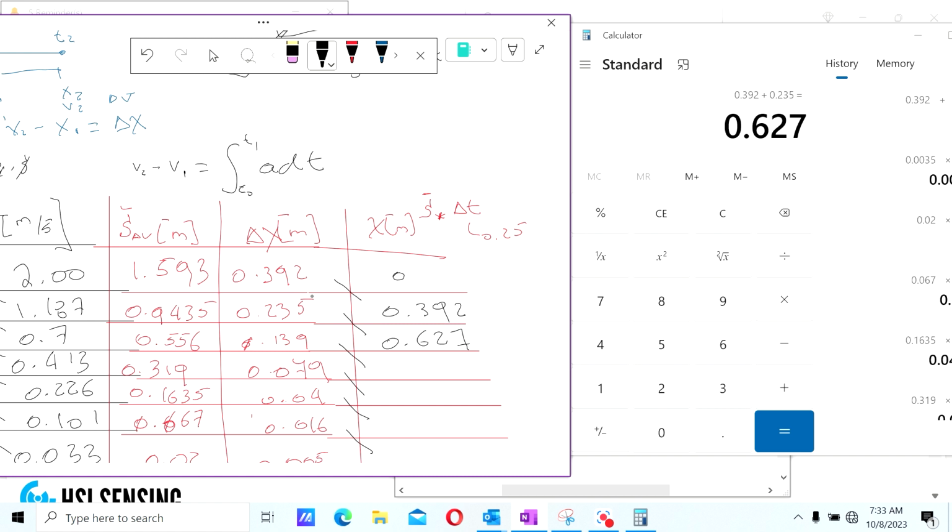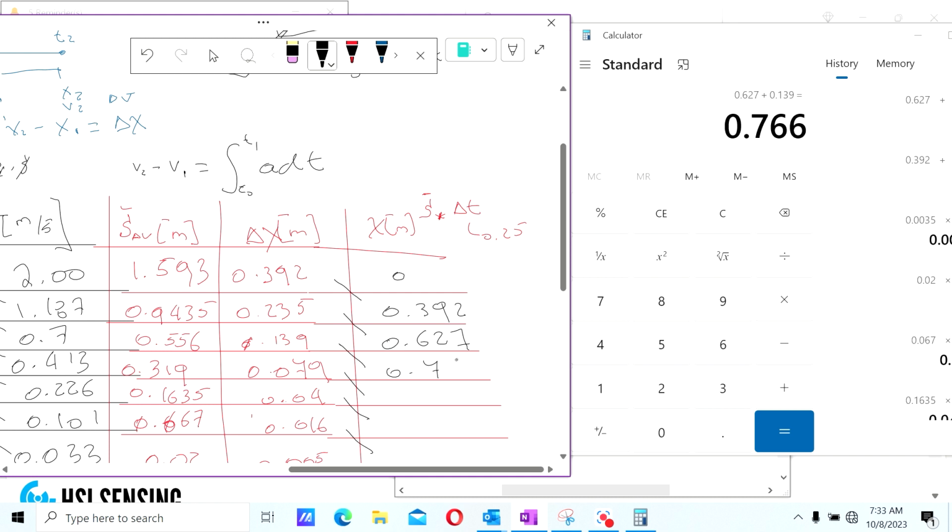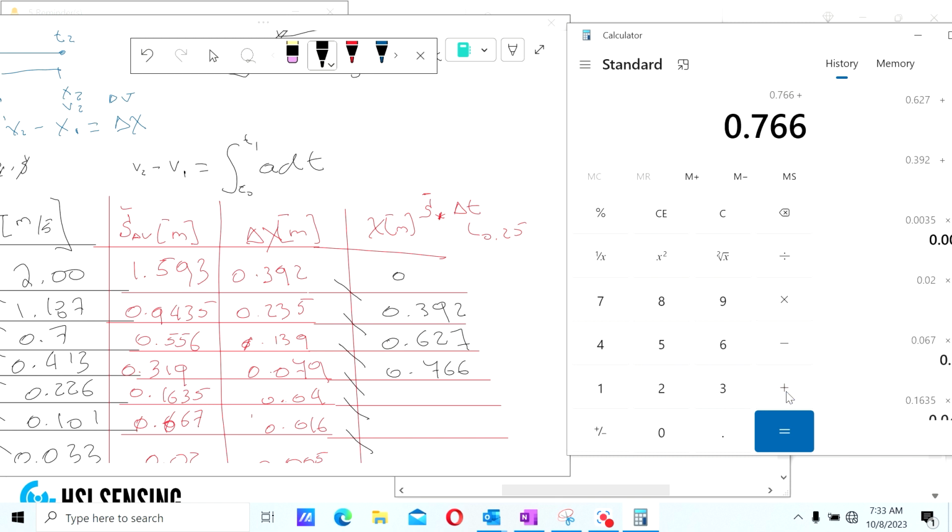Next one is that plus 0.139, which is 0.766.